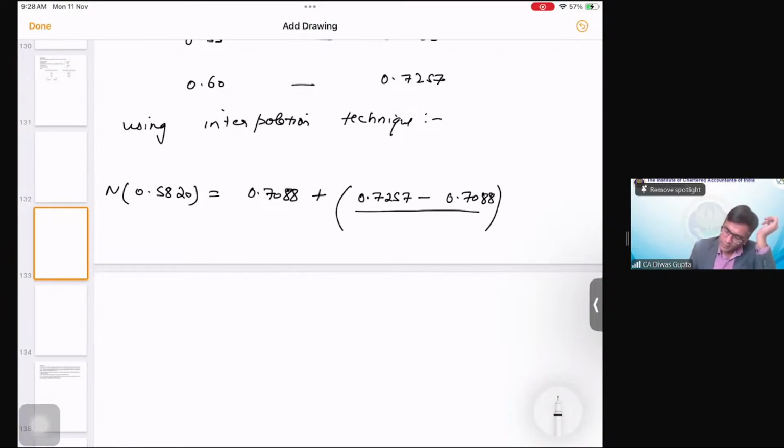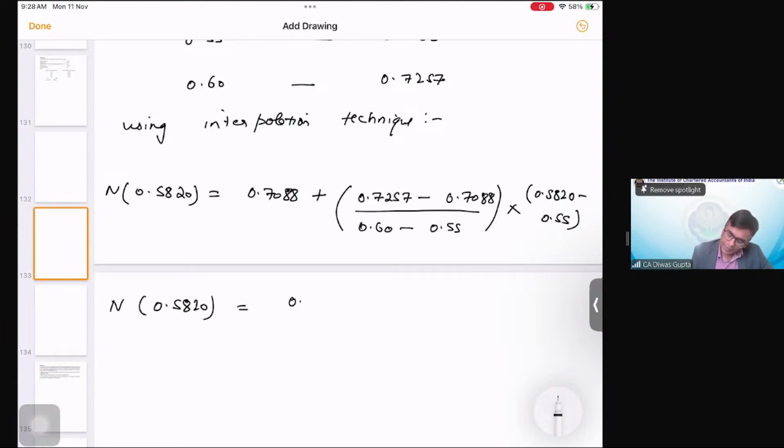divided by 0.60 minus 0.55, this whole multiplied by the lower and desired value difference, which is 0.5820 minus 0.55. So the N of 0.5820 will become 0.7197.